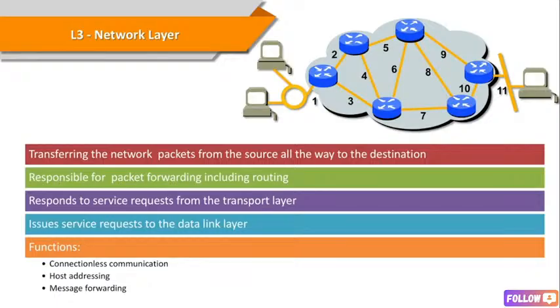On the internet, addresses are known as IP addresses, right? Message forwarding. Since many networks are partitioned into subnetworks and then connect to other networks for wide area communications, networks use specialized hosts called gateways or routers to forward packets between networks.